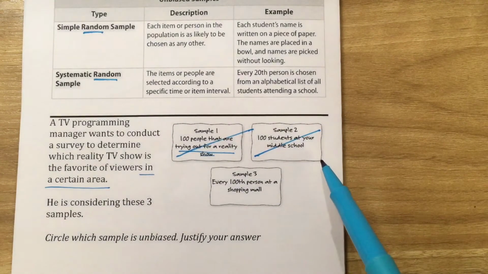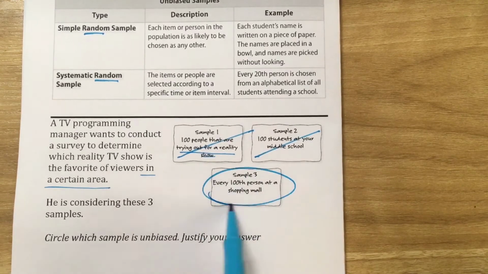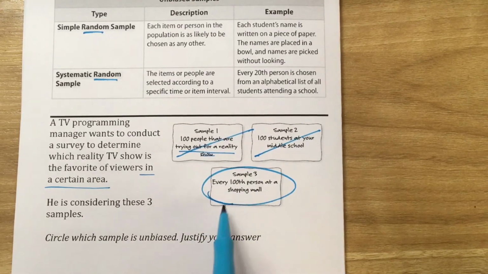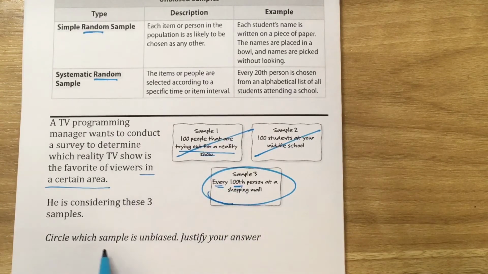It's not younger students, older students, parents, grandparents. So these 2 are not unbiased. Every 100th person at a shopping mall. So this one is going to be our random sample. This every 100th person. And this sample is unbiased because it is a systematic random sample.